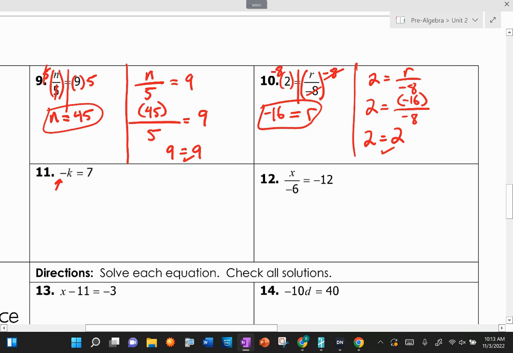So we could write this as negative 1k equals 7. Now how do I get rid of that negative 1 that's being multiplied to the k? I can divide by negative 1. Those will cancel out and give me k. And then 7 divided by negative 1 will be negative 7.